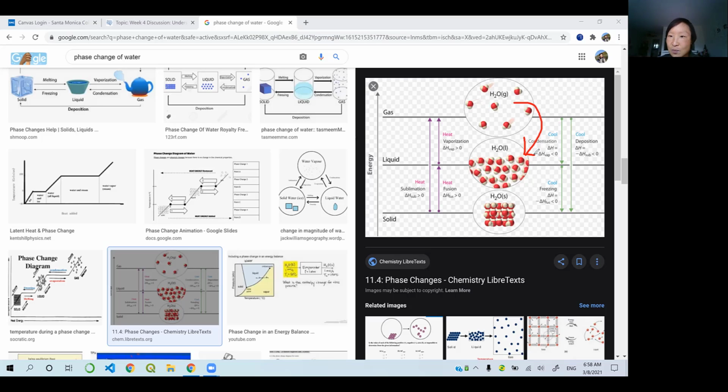Let me change our color here. So when liquid water becomes gas water, they need energy, right?